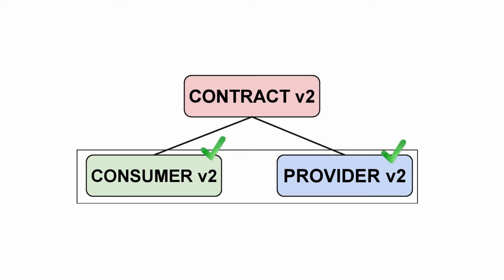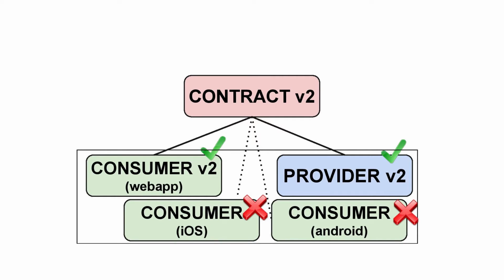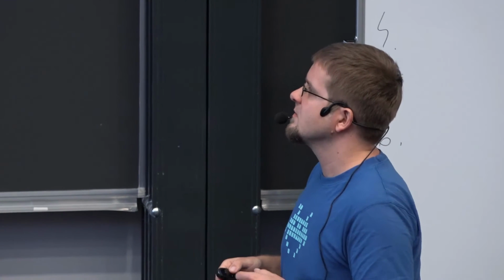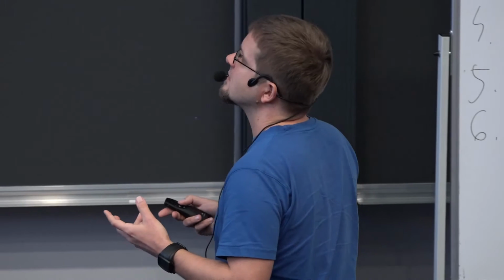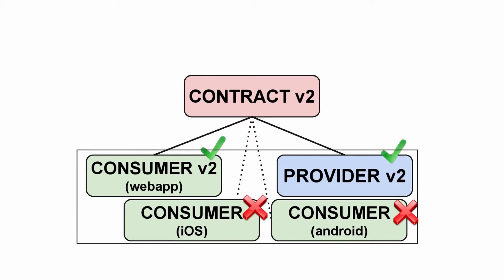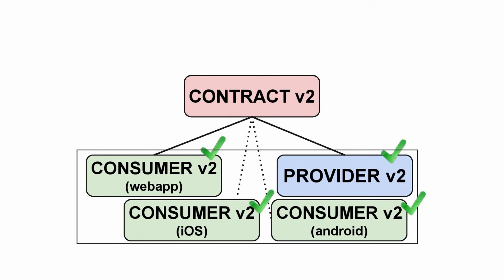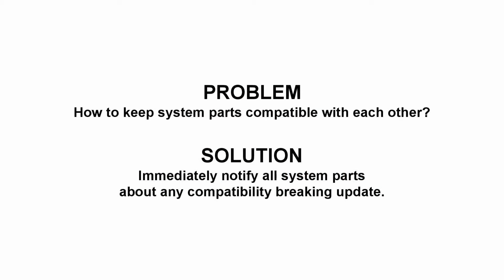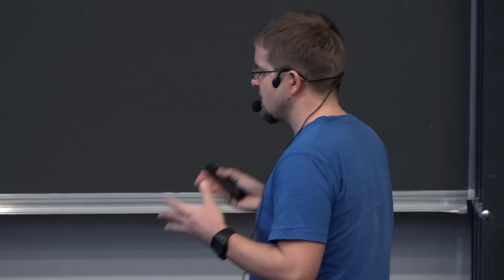And if there are more services, it applies to all of them. All of them will fail, their tests will fail, and all of them have to be updated. So it looks like we really are notifying all developers by failing their tests.